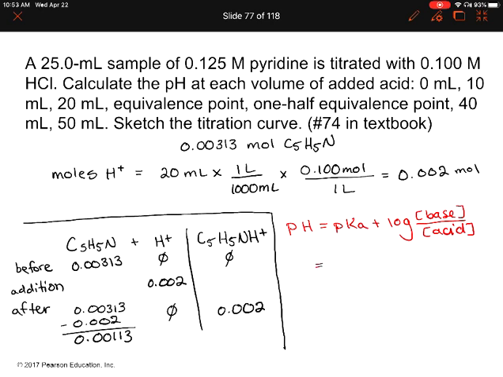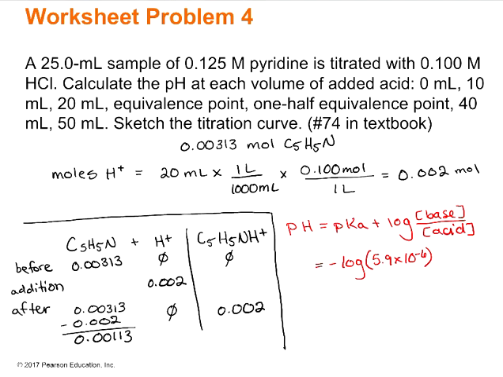And again, we can plug in the Ka value from the previous calculation. I'll just tell you that the Ka value is 5.9 times 10 to the negative 6th, and again, that came from our calculation on the previous slide.